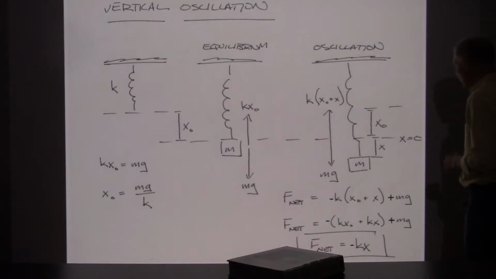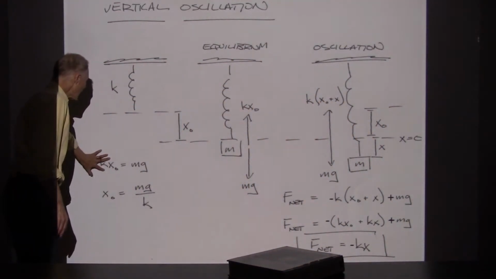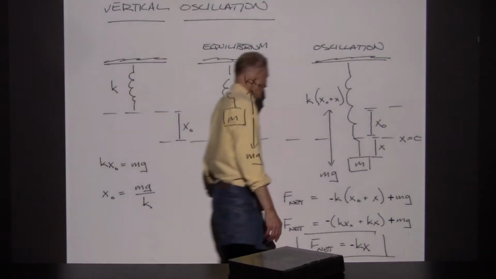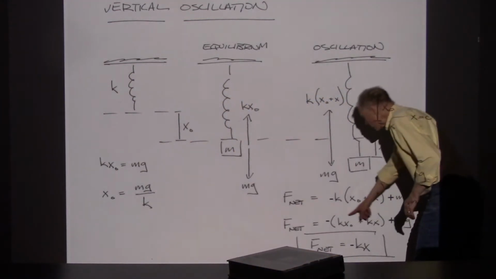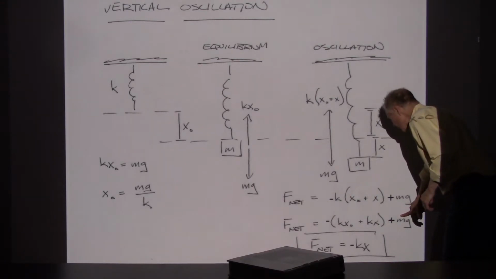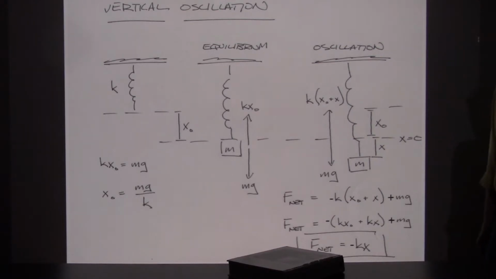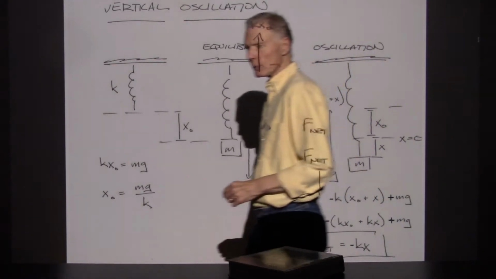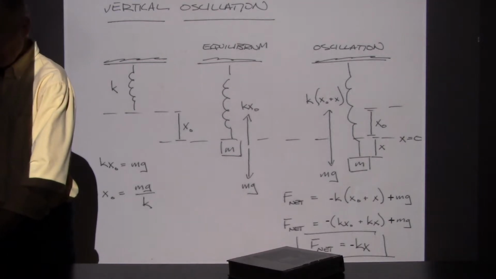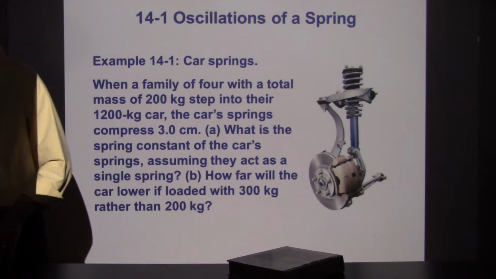Eventually we are able to show that k x naught is equal to mg, and that says that with the new set of formulas, the minus k x naught cancels the mg, and the F net ends up looking like it did originally. So the gravitational effects cancel out in terms of the new equilibrium position. So that's good to know. If you get a vertical problem, you don't have to rethink everything. The original set of formulas will work.